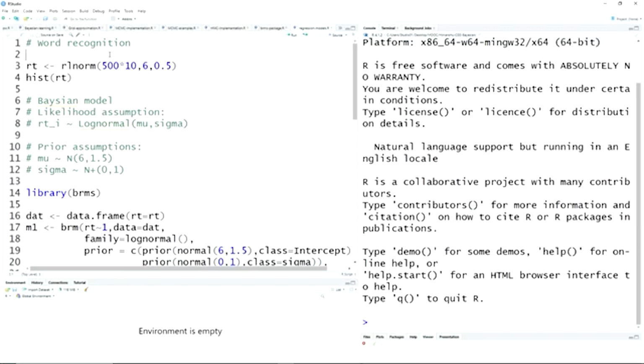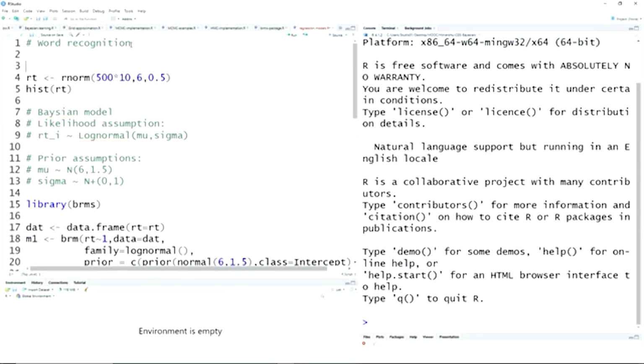Okay. So let's say we are taking the same task. This is the actual word recognition time that you are observing. Let us do this for 5,000 words, and we are testing the frequency effect. Let us do it for different frequencies.